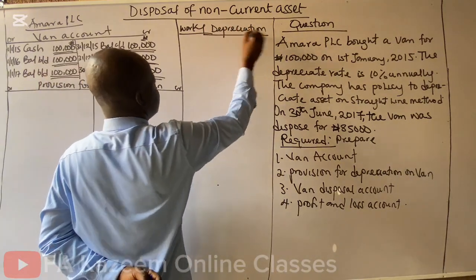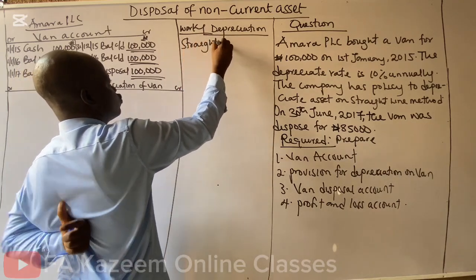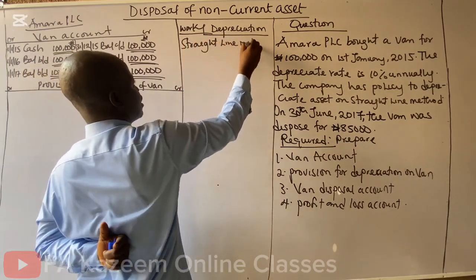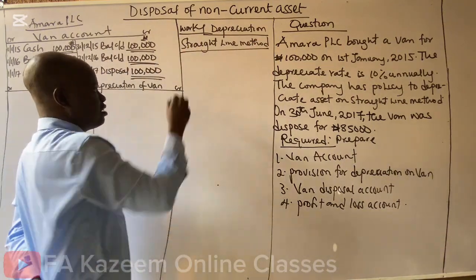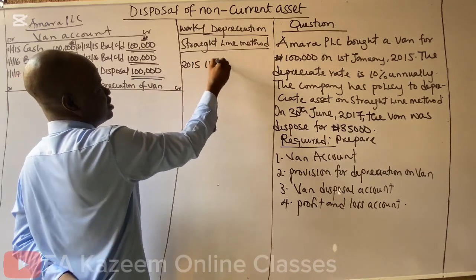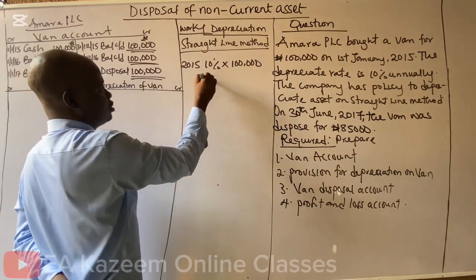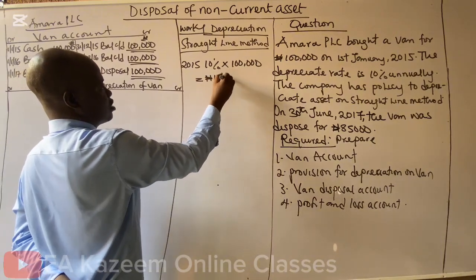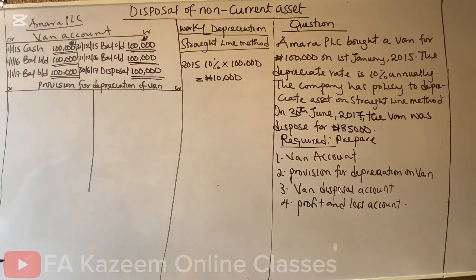And this working is the policy of the organization to use the straight line method. The first year is 2015 of this asset. They said it is 10% of 100,000, which will give us 10,000 naira. That's the first year.